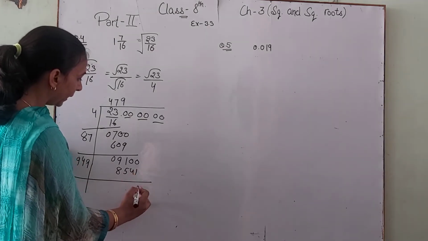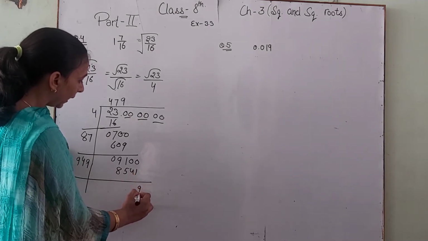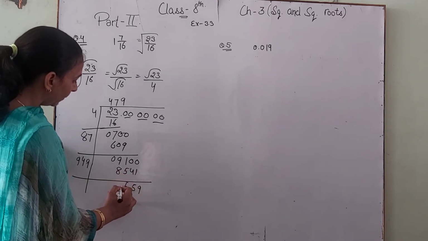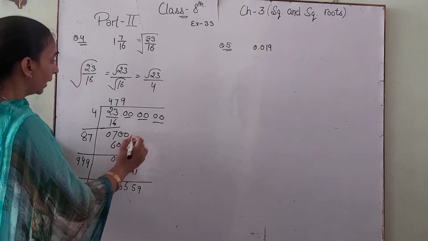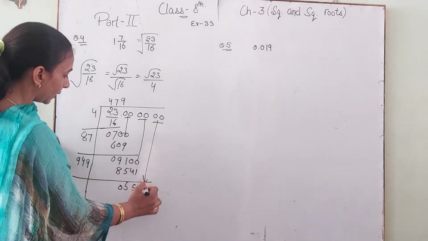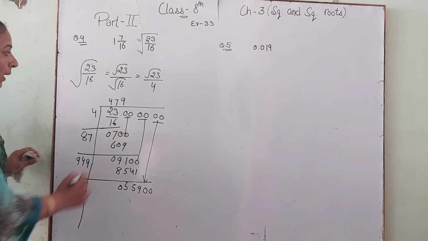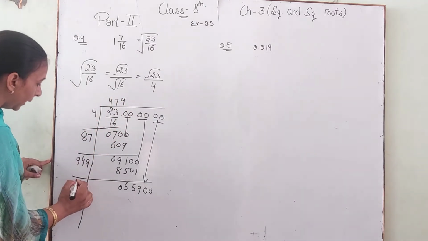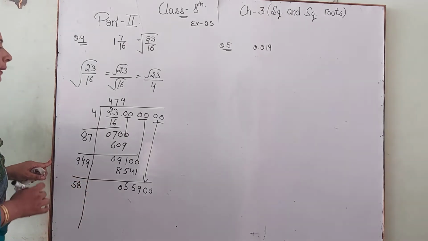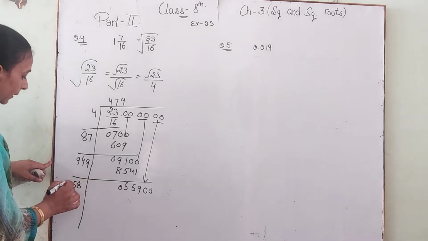Again subtract: 10 minus 1, 9, then 9 minus 4, 5, 10 minus 5, 5 and 0. First 0, second pair, then next is the last pair, 0 and 0. Double of this 9: 9 twos are 18, 1, 7 to 14 and 1, 15, then 4 to 8 and 1, 9.